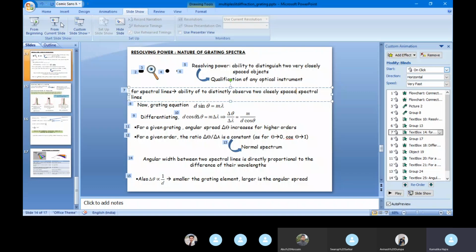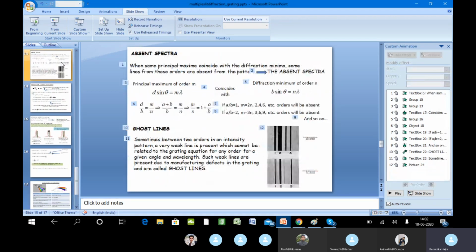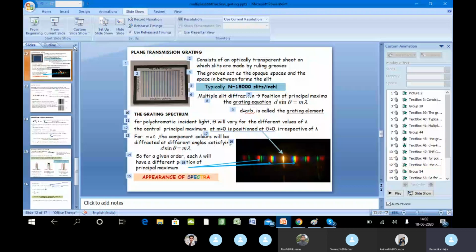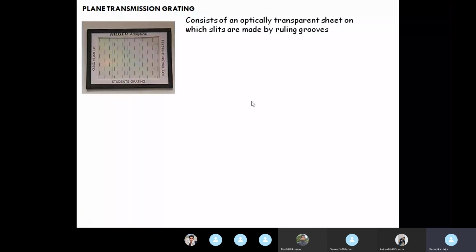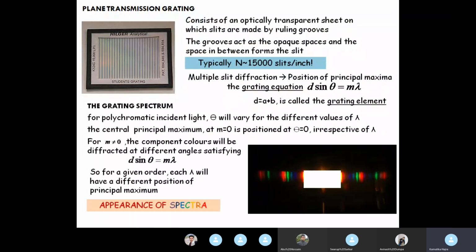And I think you have observed this. See, if you see the picture, the lines are more closely spaced over here.